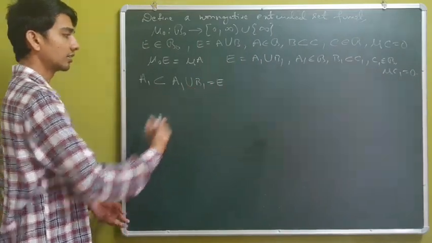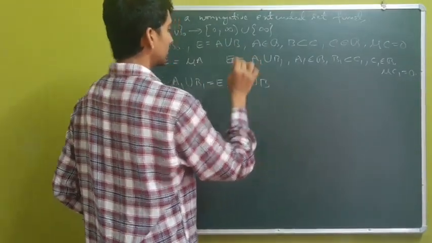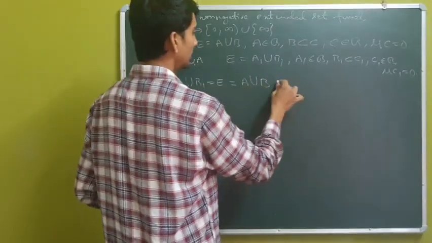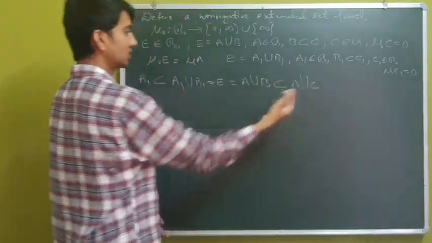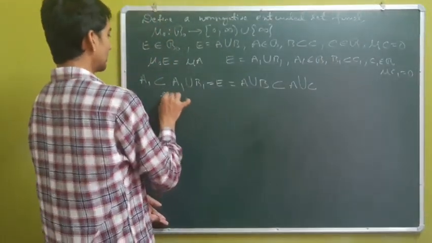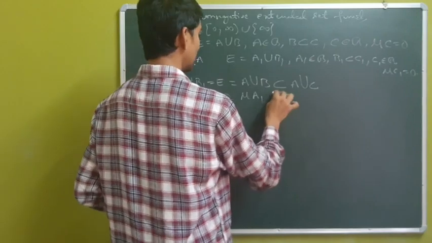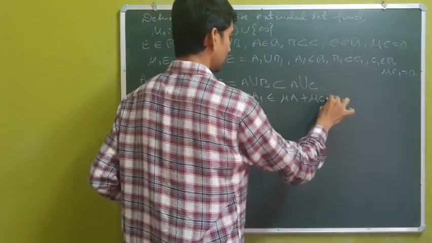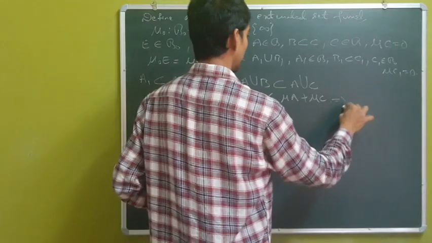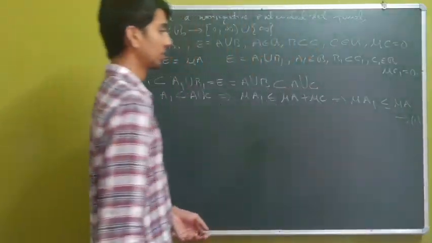So considering A1 contained in A1 union B1, and as this is the same as E, and again E is A union B, I do have A1 to be contained in A union B, and since A union B is contained in A union C, as B is contained in C, this implies A1 is contained in A union C. By monotonicity we have mu of A1 less than or equal to mu of A plus mu of C, and since the measure of C is 0, in particular mu of A1 is less than or equal to mu of A. Call this inequality 1.